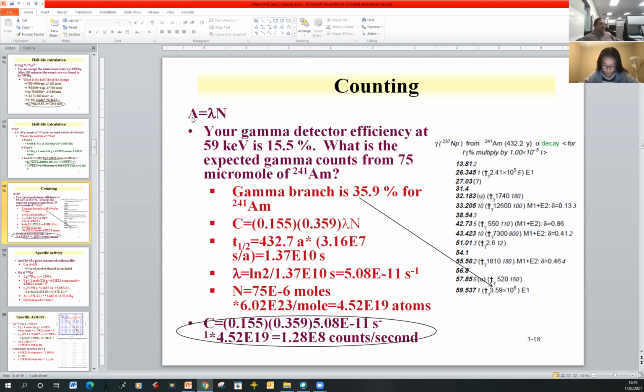So I can get what the activity is. But for the detection, remember, we said 15% of the time you'll see the gamma. And from this decay, only 35.9% of the time is that photon even visible. So we take this number and multiply it by the photon yield, and then multiply it by how good that detector is for seeing that photon energy.